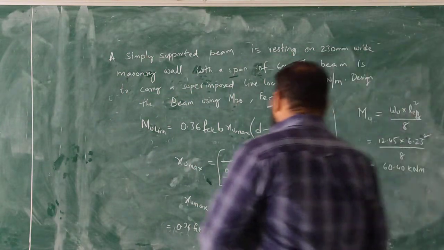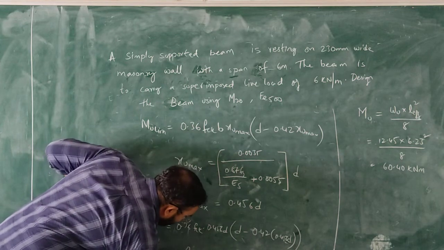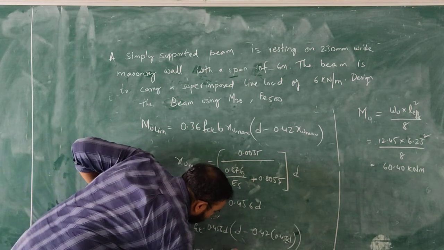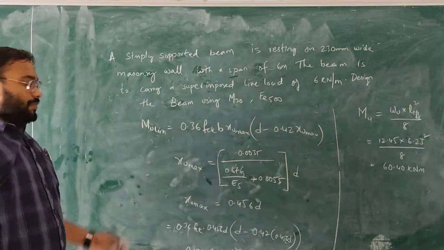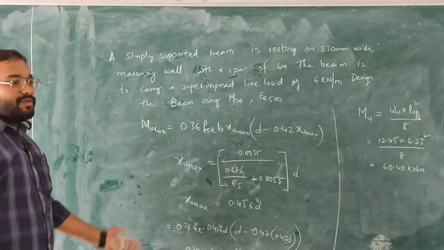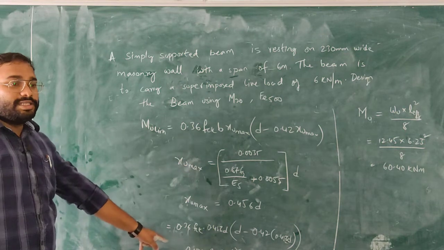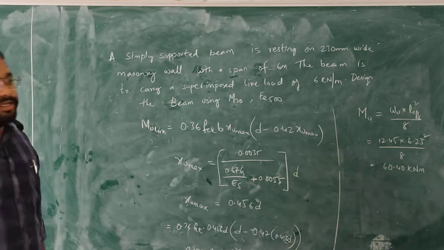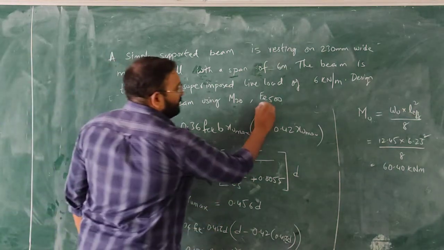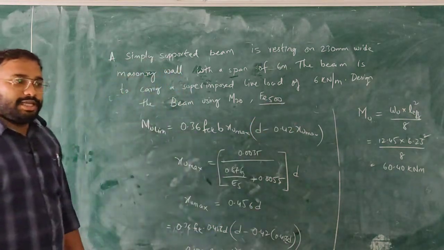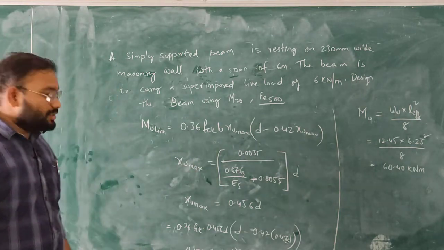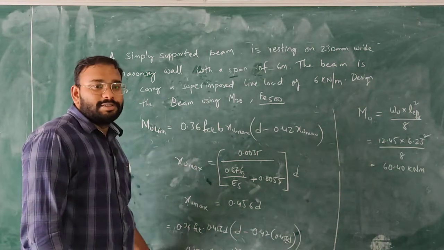So this will be 0.132 fck B D square. Previous formula it was 0.138 fck B D square, now 0.132 fck B D square. Whenever you are given other grades of steel such as 500 or 550, examiner wants you to compute this formula first.